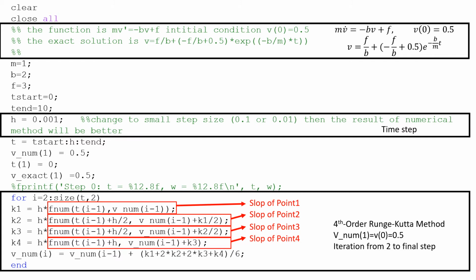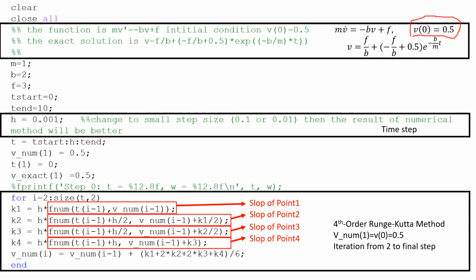So for example, if we have a governing equation like this one, and I assume my initial value is 0.5.